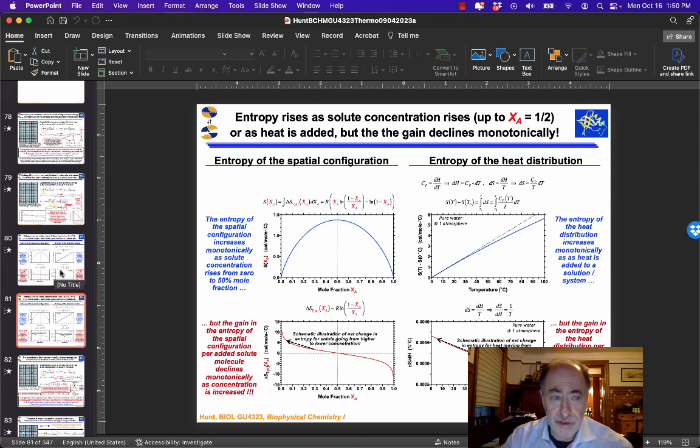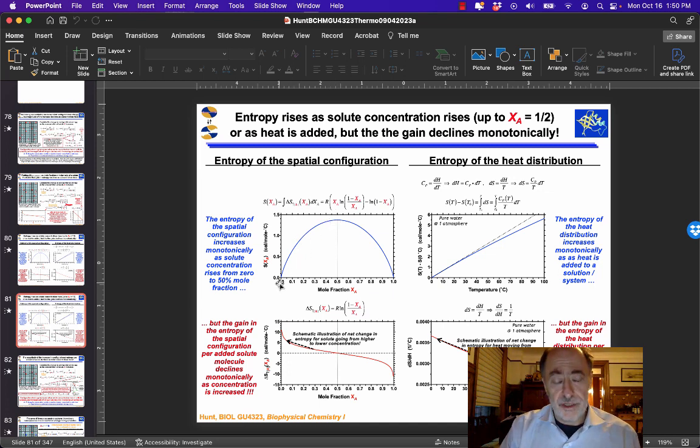But the critical points are that as you increase the concentration of a solute in a solution up to the 50% mole fraction point, as you put more molecules in, starting with a solvent that is all one kind of molecule, as you add and then increase the amount of another molecule in there, the number of ways you can arrange those molecules in whatever volume they're in increases consistently until you get to the 50% mixture point.